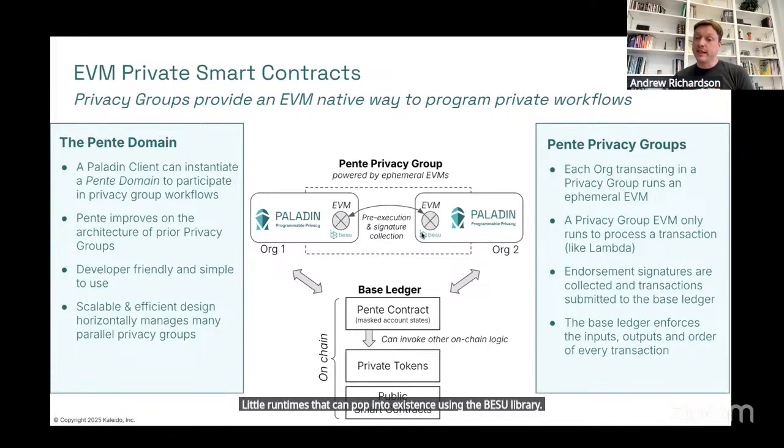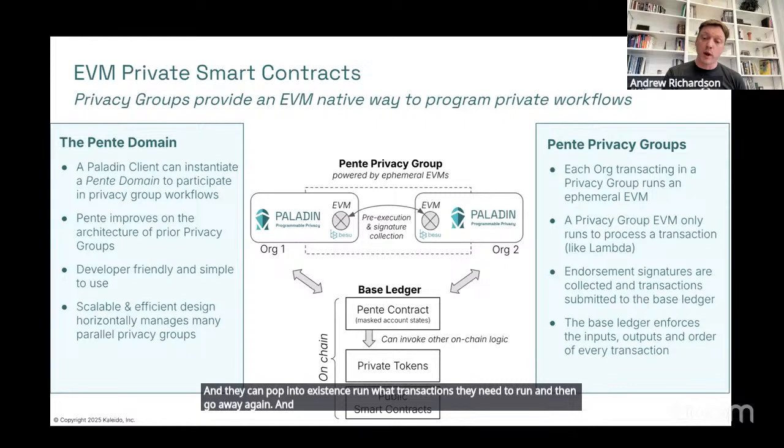They run what transactions they need to run, and then go away again. When they've gone away, they don't use any resource, a lot like a Lambda function in traditional Web 2 cloud hosting. And these run inside of the Paladin runtime, which we're going to see in some detail.